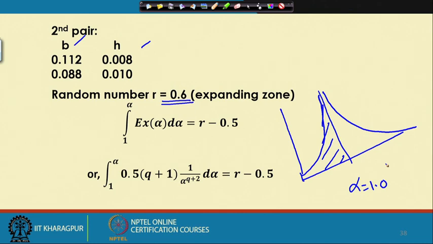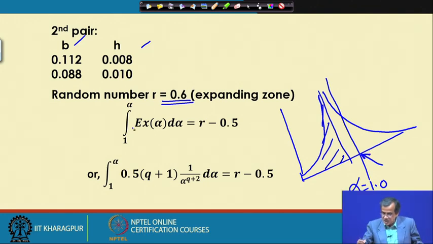Now, I am getting the area, this r is what? R is 0.6, that means I am in the expanding zone, and now I will have to find out what should be the value of this particular alpha. To get this, I start the integration from alpha equals 1 to alpha prime of E x alpha d alpha.